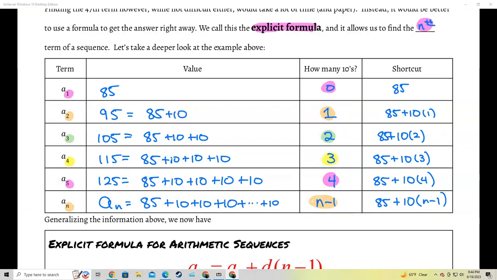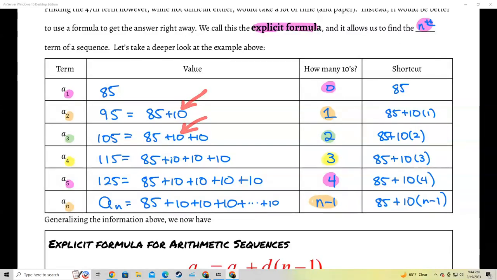I want you to notice that with this formula, we got a few things going. We have this number in the front. What's this number in the front? The number in the front is your first term. We have the 85. Then we have this magic number, this 10, this 10, this 10, this 10, this 10. What is this 10? That 10 is the common difference.